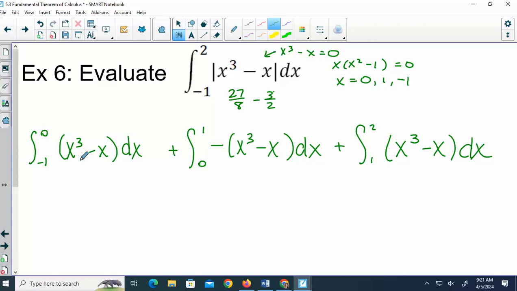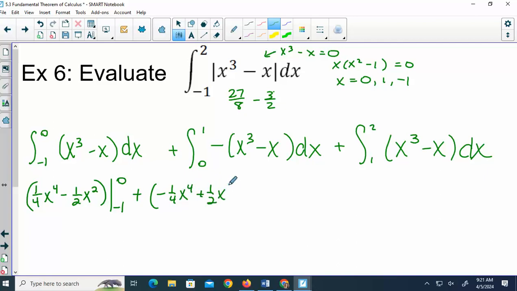So now we do the antiderivative. Antiderivative of x cubed minus antiderivative of x. These from negative 1 to 0. Alright, this one would be a negative 1/4 x to the 4th plus 1 half x squared.